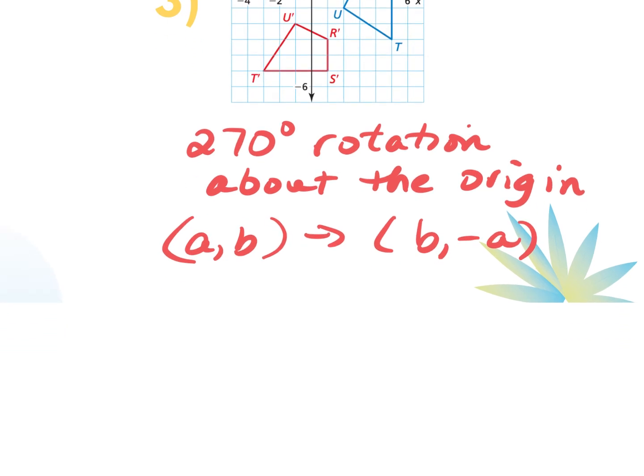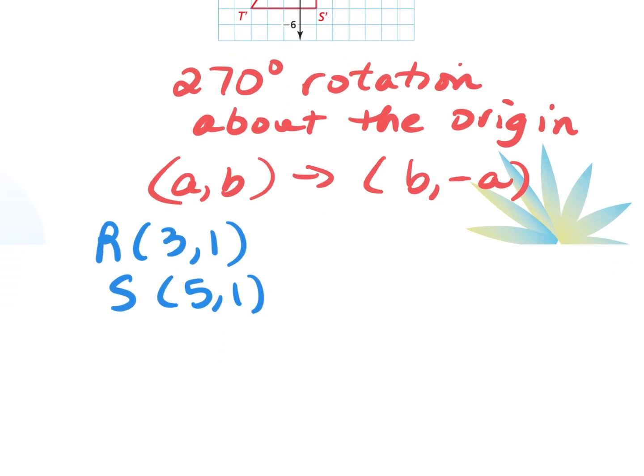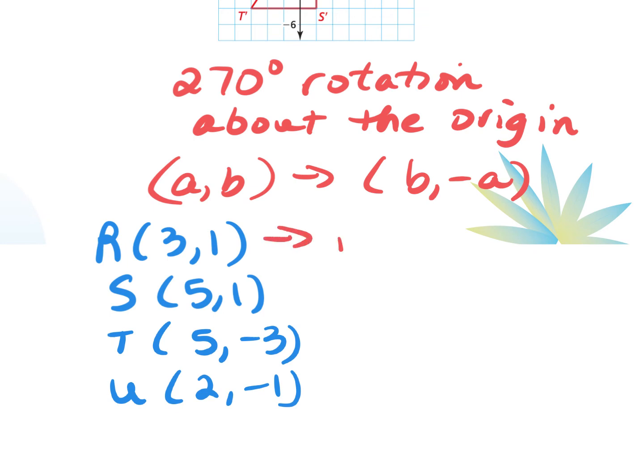So let me go ahead and write down my original order pairs. R was the order pair 3, 1. S was the order pair 5, 1. T was the order pair 5, negative 3. And U was 2, negative 1. So my R prime, again, we're going to switch the order and then make the X the opposite.